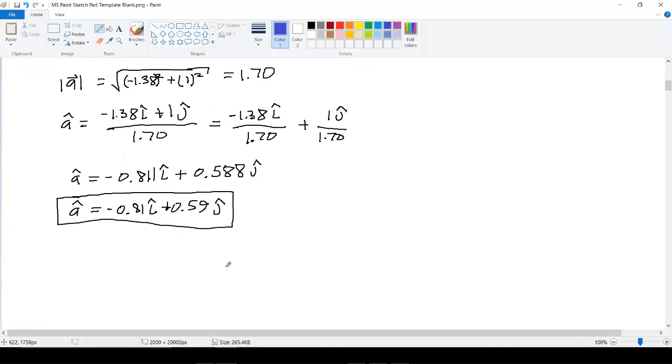And just in case, you don't have to do this, but if you want to check that it really is 1 unit long, all you've got to do is take each of the components, square them, and add them together. Again, this is similar to finding the magnitude, just like we did before, for vector A. We're going to do this for vector A hat.